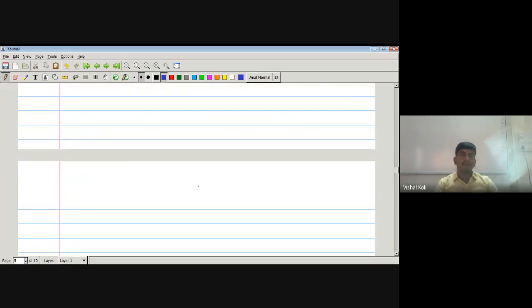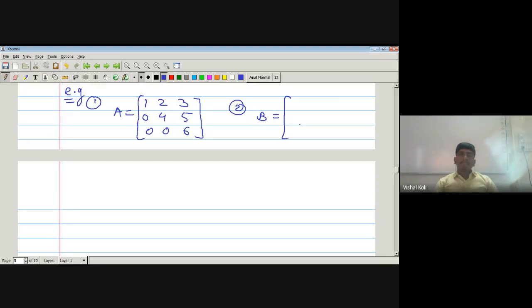For example, first one, A equal to 1 2 3, 0 4 5, 0 0 6, and the second one will be matrix B, which is equal to 3 0 0, 4 5 0, 6 7 8.